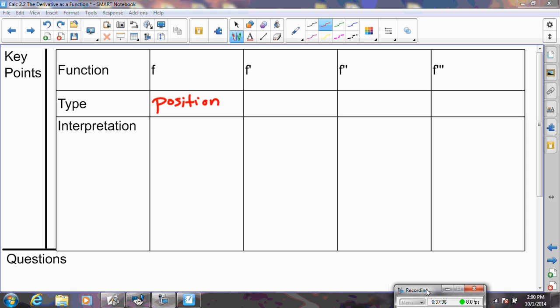Well, if we were looking at how fast position is changing, that is velocity. If we take the derivative of velocity, we are then asking, what is the rate of change in speed? Rate of change in speed is talking about how quickly you are speeding up or how quickly you are slowing down. That is acceleration.